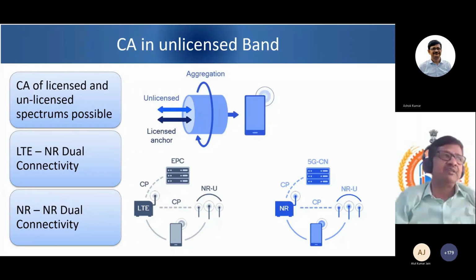Whatever they have bought, they should buy that particular configuration. Your device should also support the particular spectrum band of unlicensed which you are trying to use. Your device should also support carrier aggregation. Then only, if everything is set, then yes, it will be there. So it's not a straight answer.